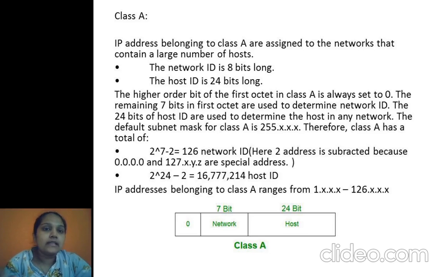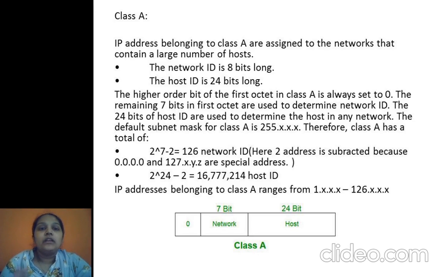Actual class A has network ID 8 bits long and host ID 24 bits long, but the first bit is set as 0. This diagram shows you all these things.